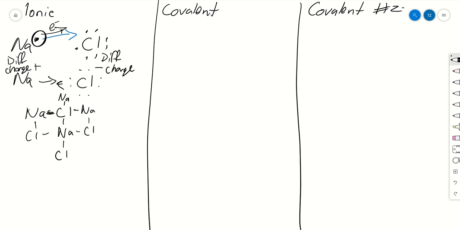For your covalent, like in carbon, in here what you've got is very similar electronegativities between everything, which means that you're not going to have any charges overall.